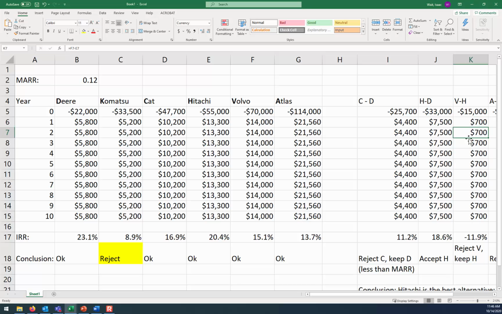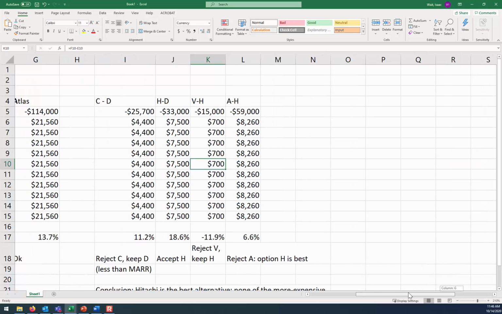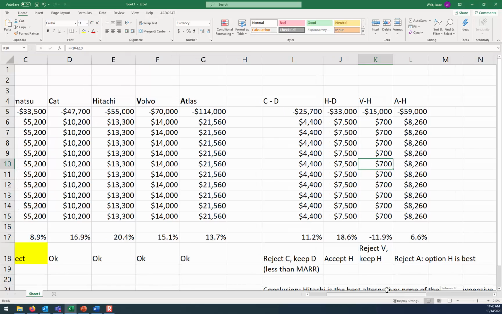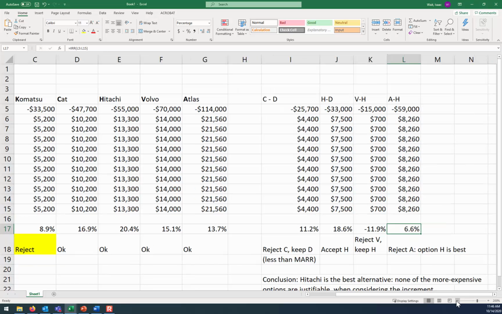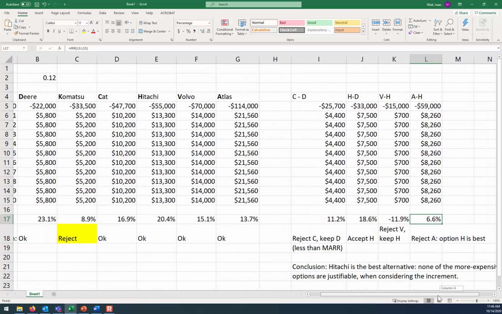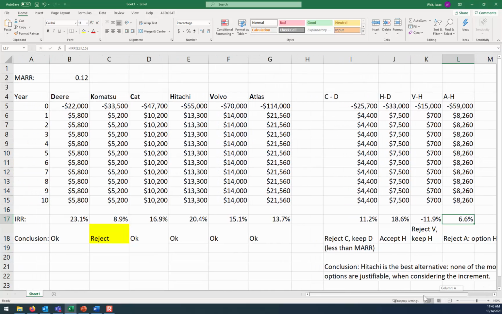This measly $700 per year doesn't even come close to covering it. So we reject Volvo, and our last matchup, Atlas versus Hitachi, only earns 6%, and that's also less than the MAR. So we reject Atlas and we choose the Hitachi.